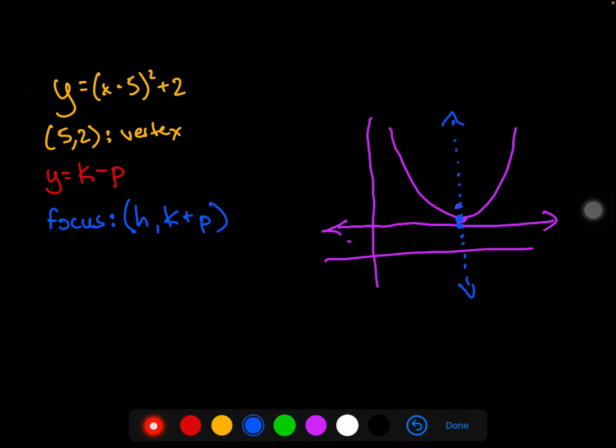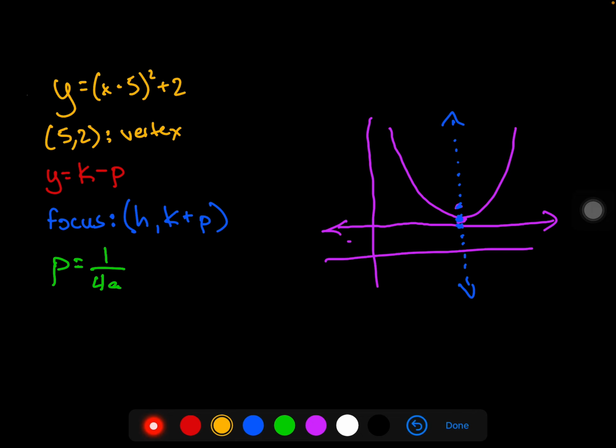And so how do we find p? Well, luckily some mathematicians figured it out a while ago. Our p is equal to 1 over 4a. Now in this instance, our a would go here, but we don't have anything there. And when we don't see anything, we know that is actually 1.